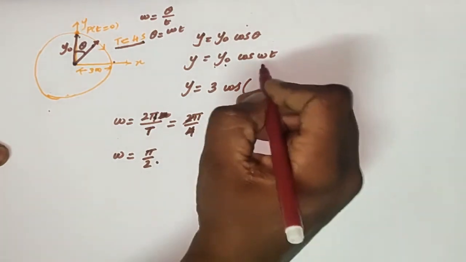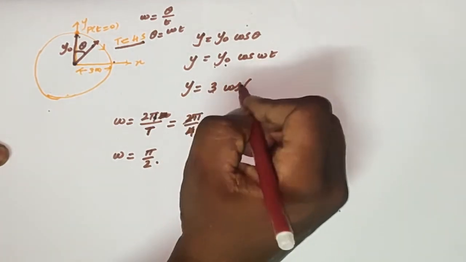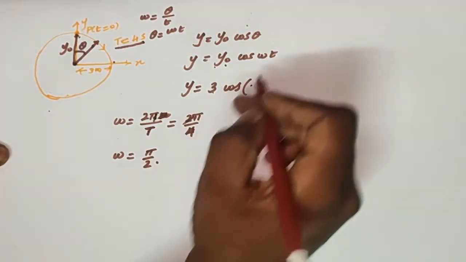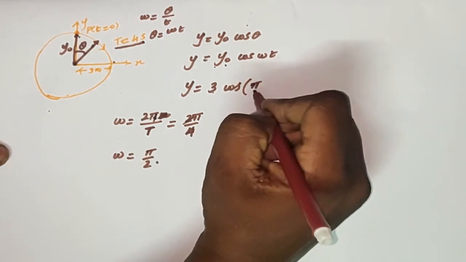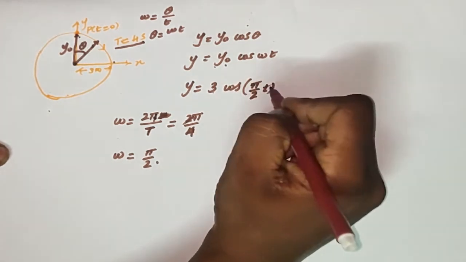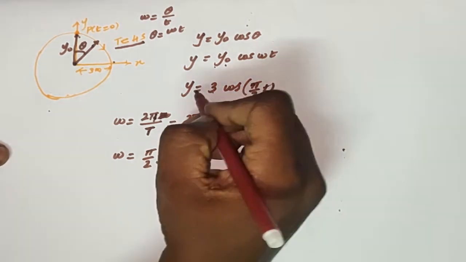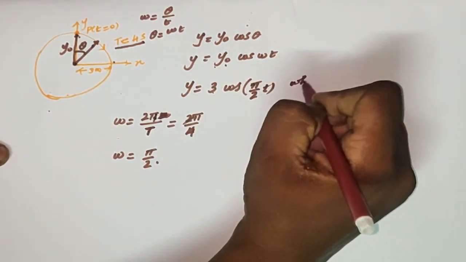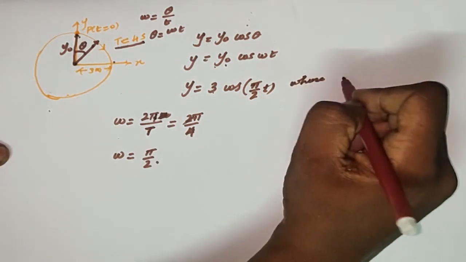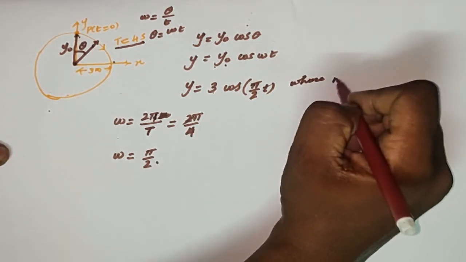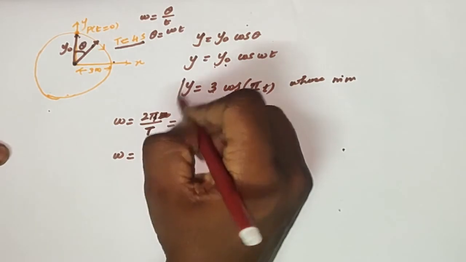Hence y equal to 3 cos of omega times t, where omega we got is pi by 2, times t. Here y is measured in meter.